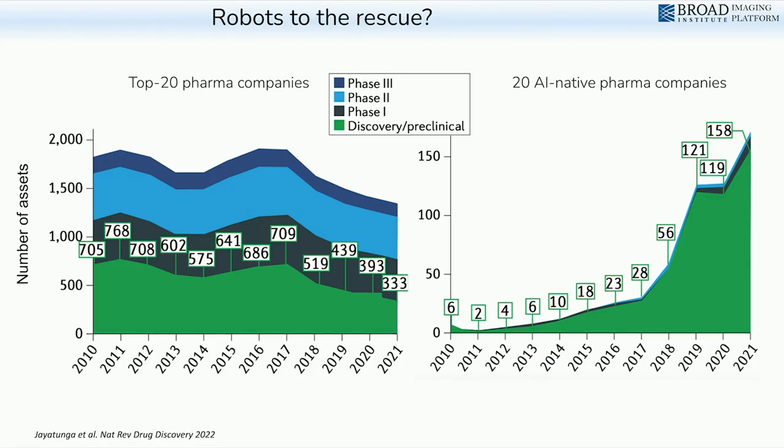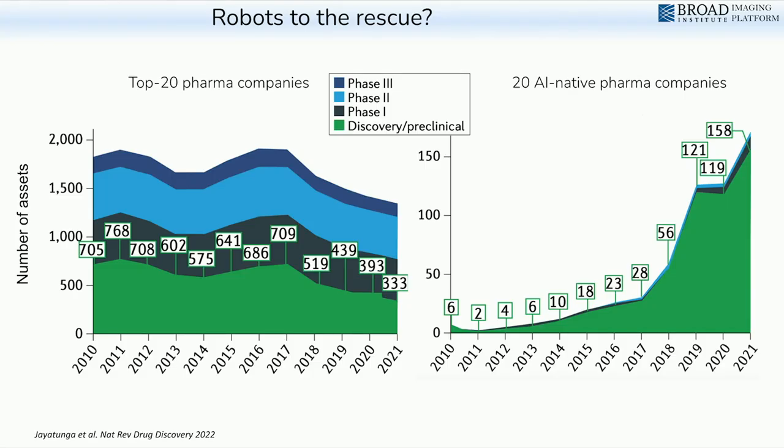I want to just begin with AI and drug discovery. AI and drug discovery has been seen as a potential to sort of rescue the pharma industry. I'll spare you from showing Eroom's law, showing that the pharma industry is becoming decreasingly productive over time. And many are hoping that AI is going to make a difference here.